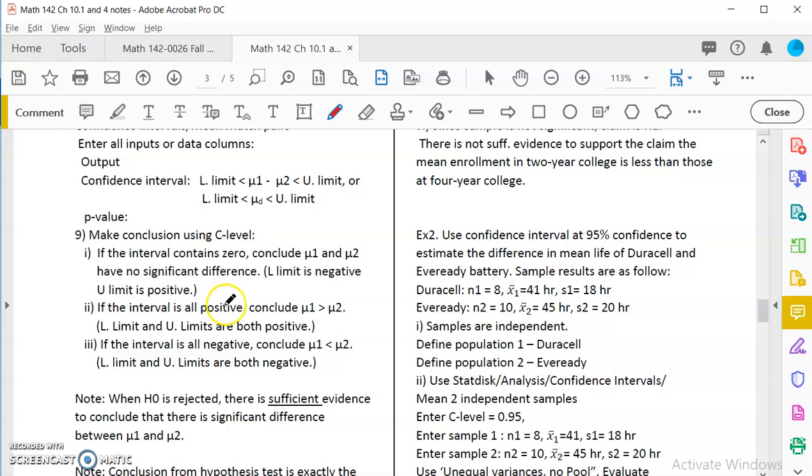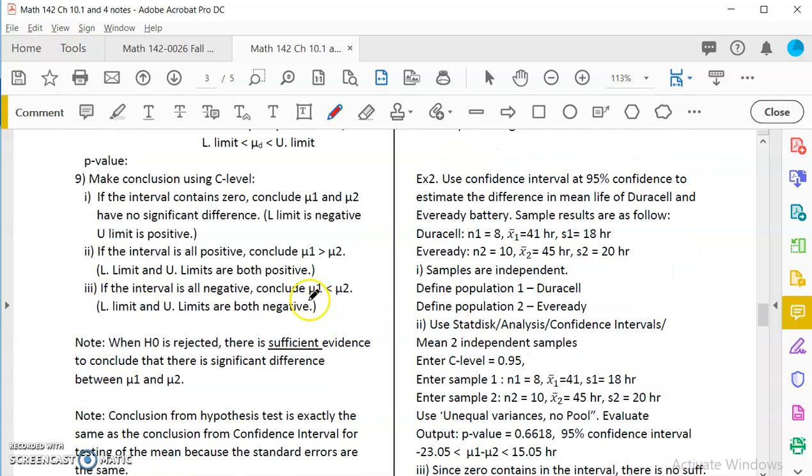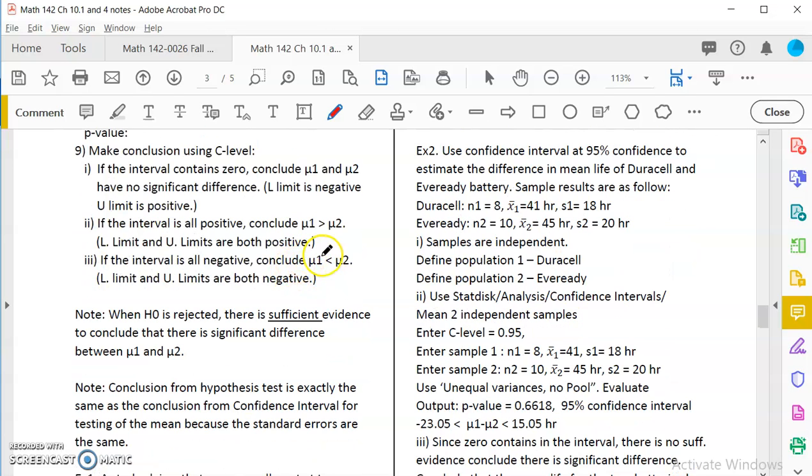If the interval is all positive, then you conclude mu1 is greater than mu2, because when you subtract two numbers and get a positive number, mu1 must be higher. And if it contains negative numbers, that means mu1 is lower.